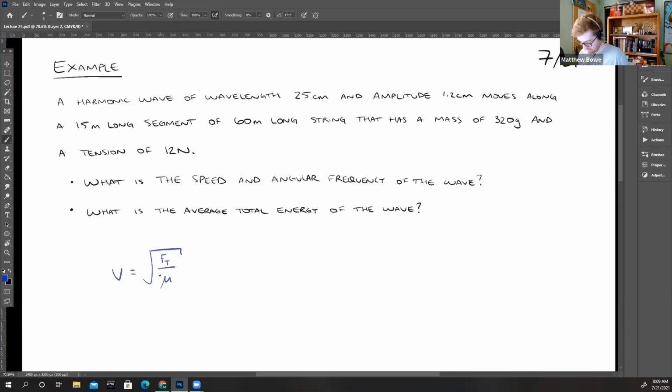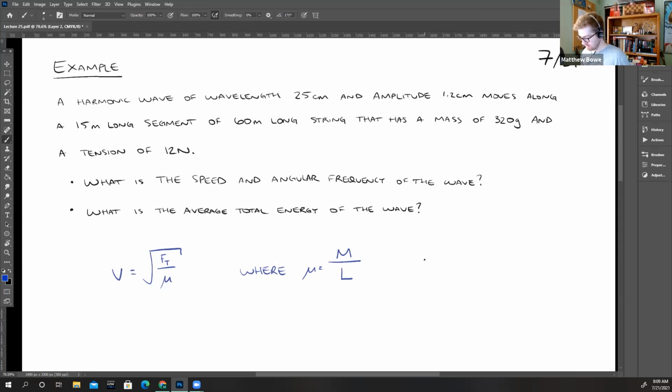This is mu, Greek letter mu, where mu is the total mass of the string over the total length of the string. So we're just seeing how dense each individual little section of this string is.